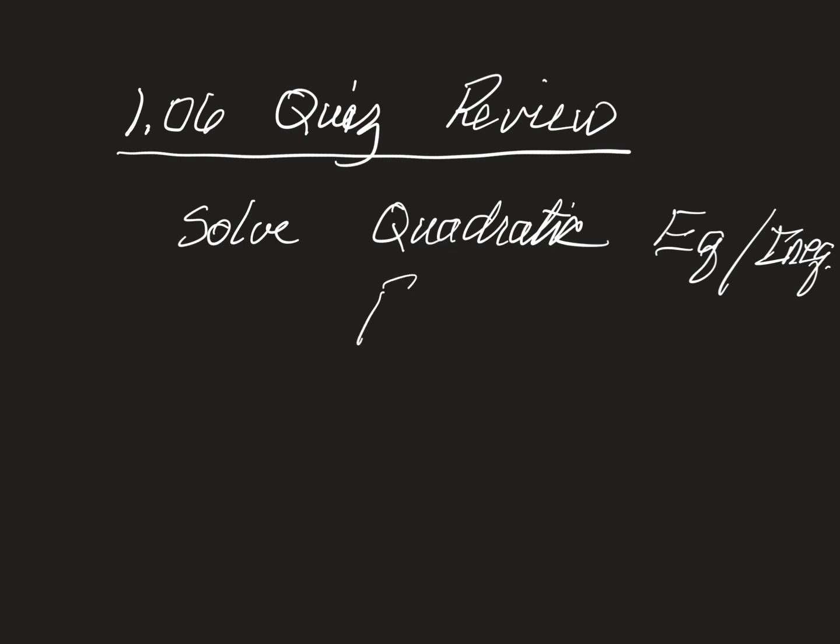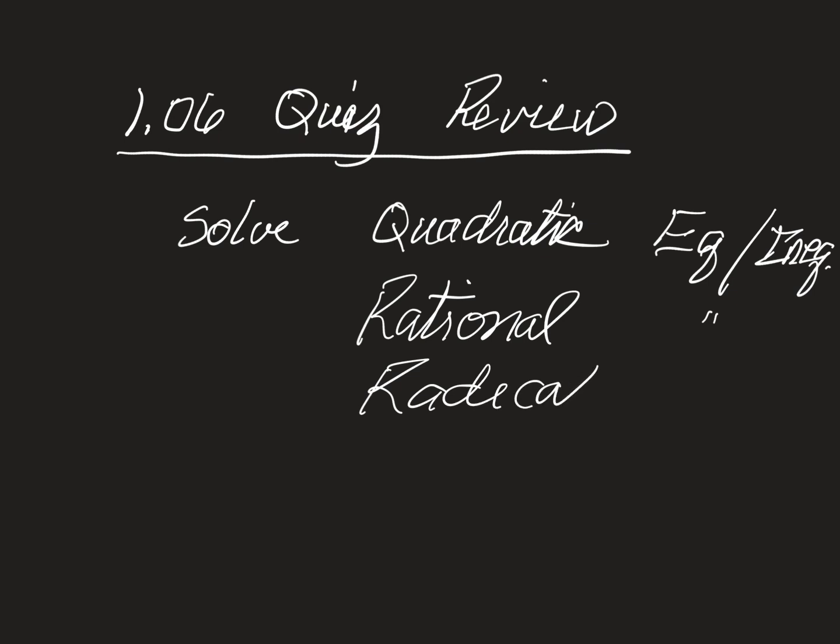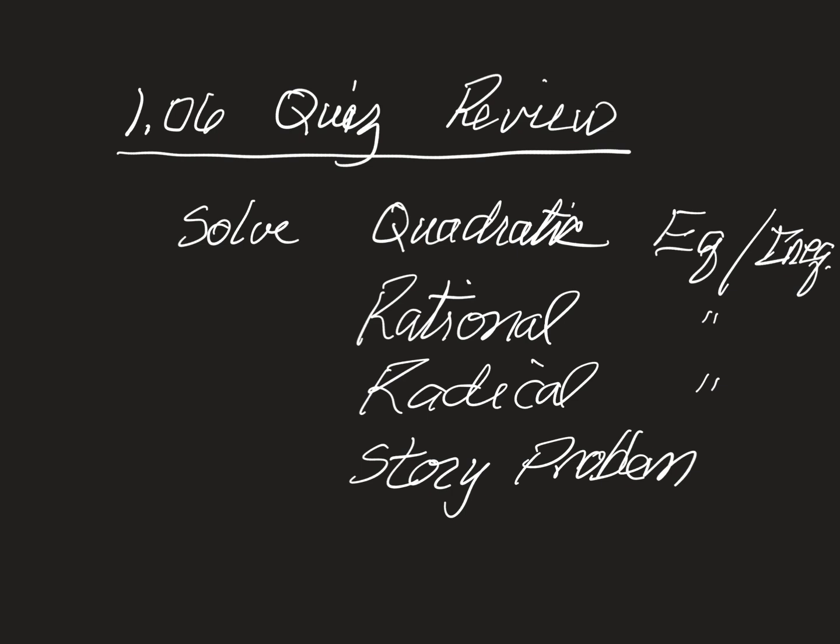We have to be able to solve rational equations and inequalities and radical equations and inequalities. And then we want to be aware of how these might show up in a story problem, but the method of solutions will be the same. So let's do a quick review of each one of these.